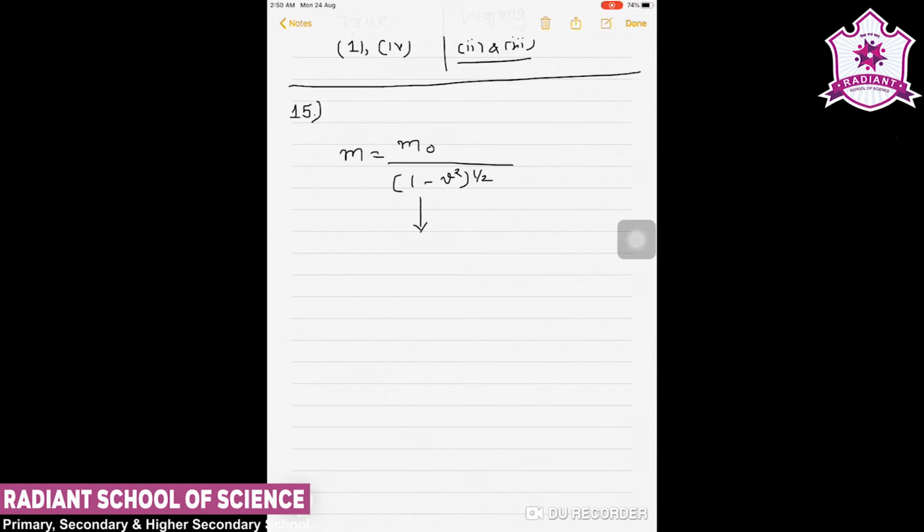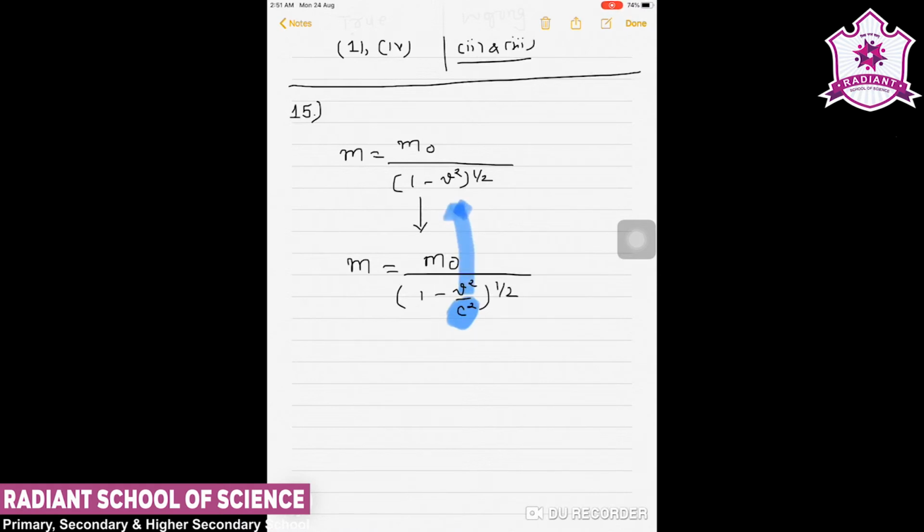So obviously we have to put the c somewhere so that it cancels out, and therefore we can say that the c replaces the value, that is m equals to m0 over 1 minus v square over c square raised to 1 half. So this c must be replaced at this point in this equation.